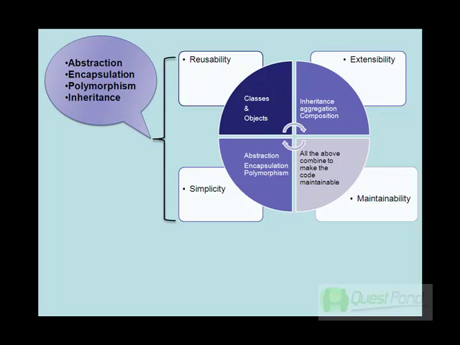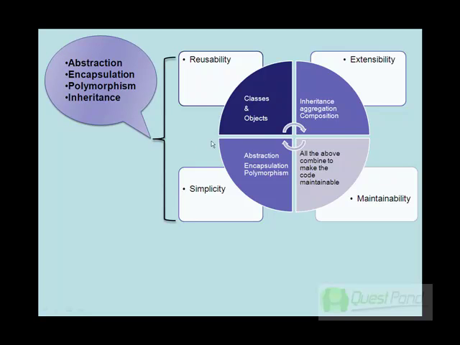Object-oriented programming provides inheritance, so you can inherit a function and then make tailored changes to it. Or you can use that function and apply an extra layer on top, which is called aggregation or composition, and change its behavior. So you can extend the current functionality using inheritance, aggregation and composition.